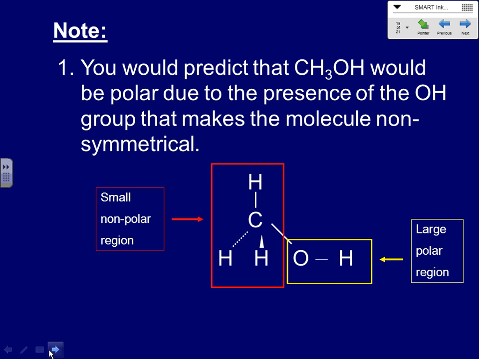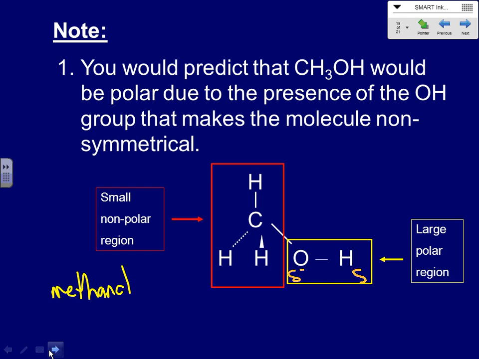And then if we stick an OH on the end, like in an alcohol, and this, by the way, is methanol. This is methanol. If you stick an OH on the end, now you have a polar region, because there's going to be a dipole in this thing that's going to pull the electrons over here.